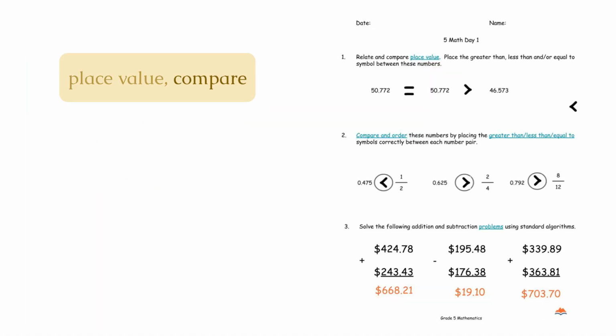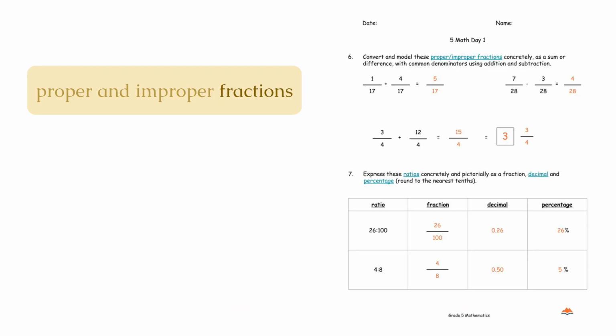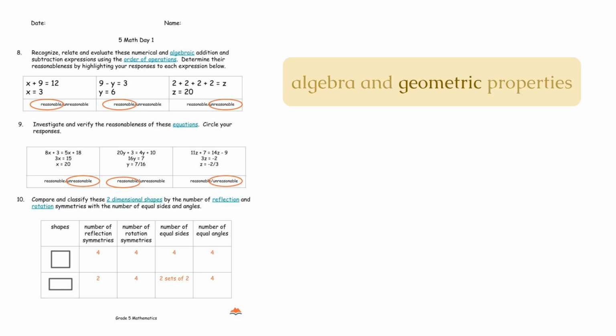Place value, compare and order numbers, and addition and subtraction problems. Division number bonds and products and quotients. Proper and improper fractions, and ratios as percentage and decimal numbers. Algebra and geometric properties such as symmetry.